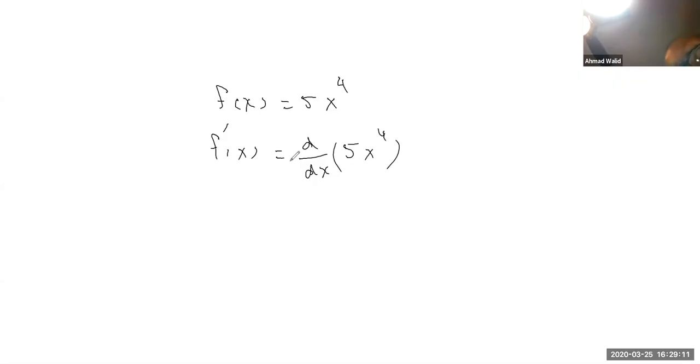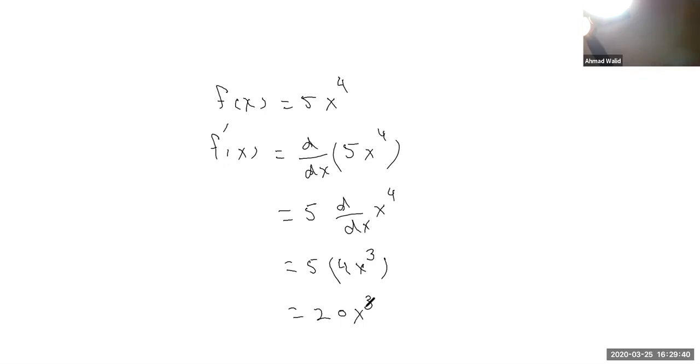I'll bring it to the front. Then this one equals 5 d over dx of x to the power of 4, which is equal to 5 times, bring the exponent as a coefficient, your variable x, subtract 1 from the exponent, 3.